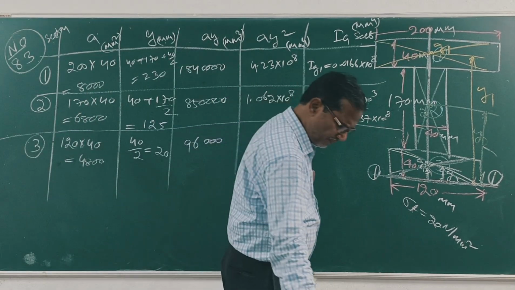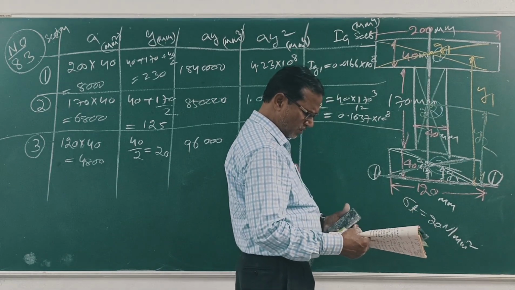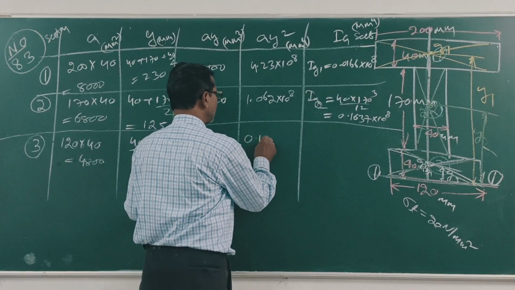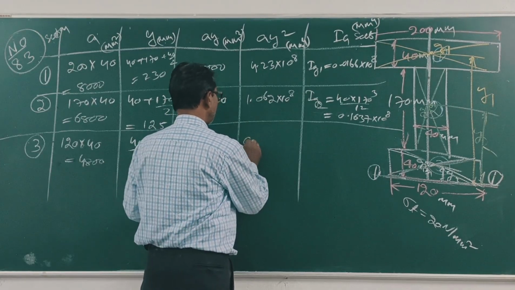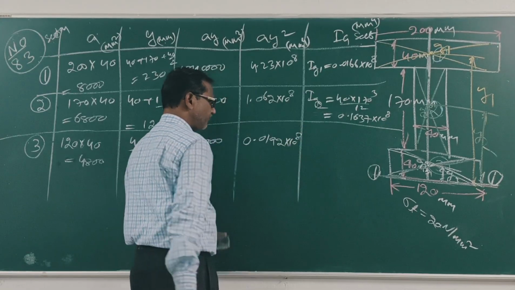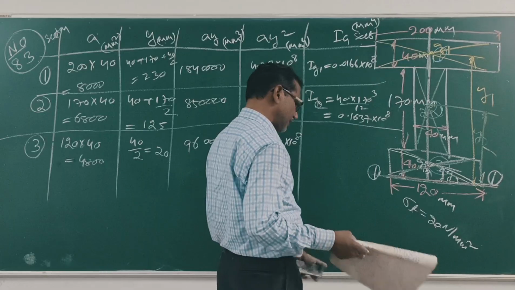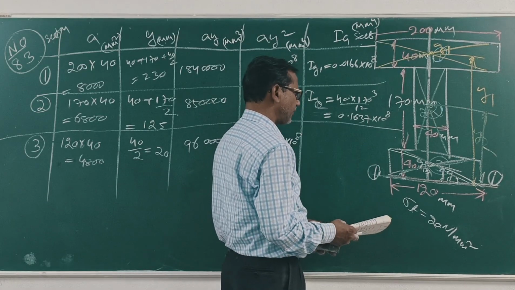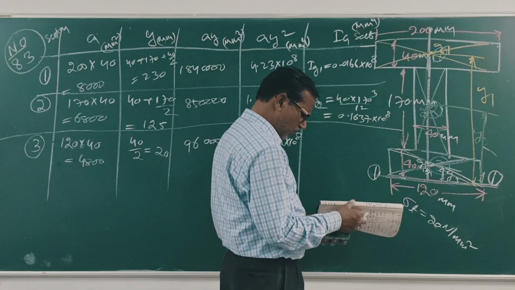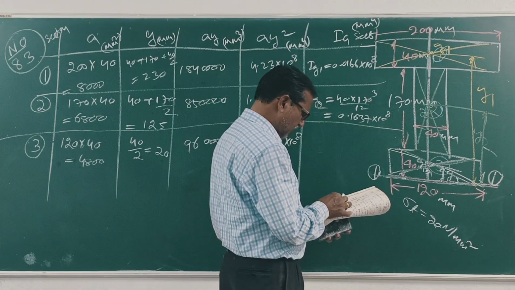Clear? This is ay square, 0.019 into 10 to the power 8.